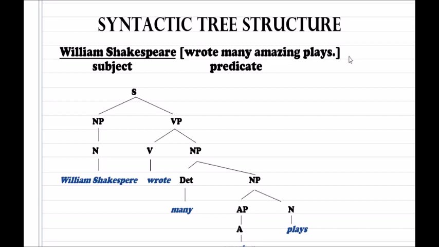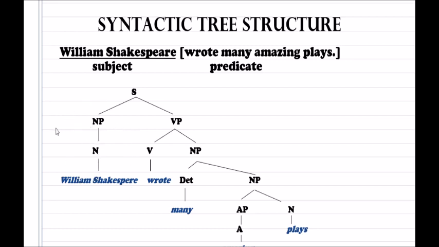Now, how will we diagram this sentence? Let's put an S, which is a sentence. Under the sentence is a noun phrase and a verb phrase. This is the noun phrase, and this is the verb phrase. Now, under the noun phrase is a noun, which is William Shakespeare.